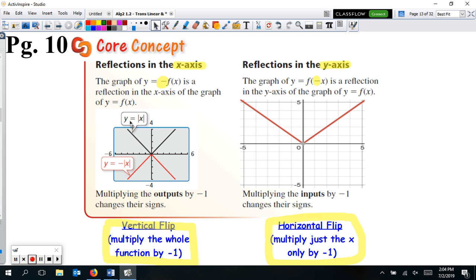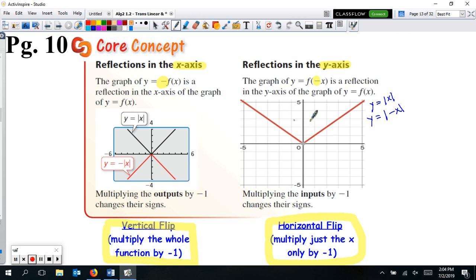This is the same parent function here, but this would be both y equals absolute value of x, and it is also y equals absolute value of -x. They're both the same exact function, or same graph, I should say.